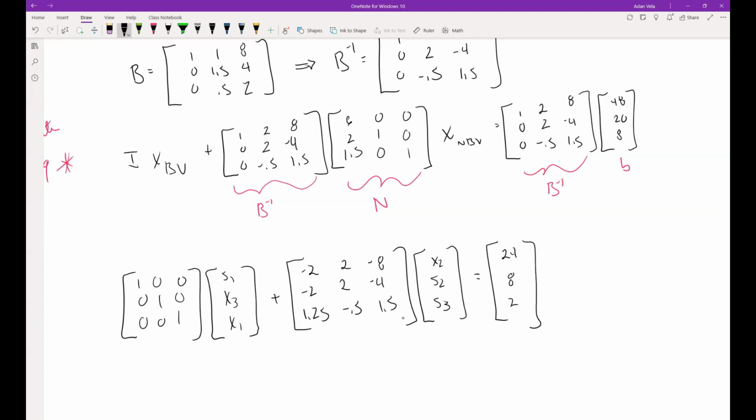And sure enough, this is what we had in our simplex table.